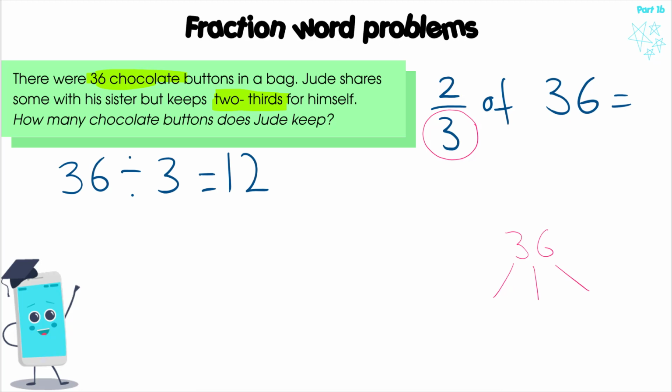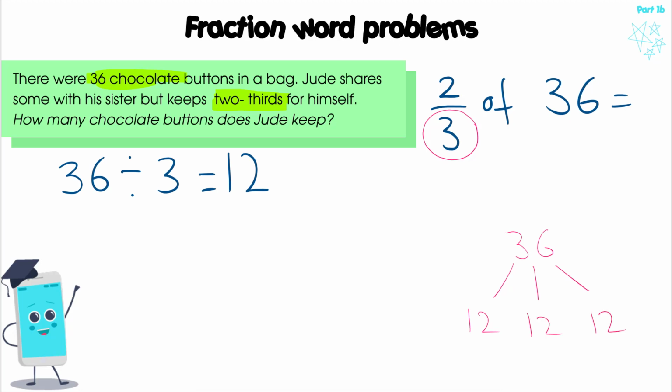3, 6, 9, 12, 15, 18, 21, 24, 27, 30, 33, 36. You don't need to be as fast as I am doing that, but you can write it down, use resources, use a bar model, but you need to get good at your times tables. By the end of year 4, you need to know all of your times table facts and how to use them to find division answers. So my 3 groups have got 12 in each of them.